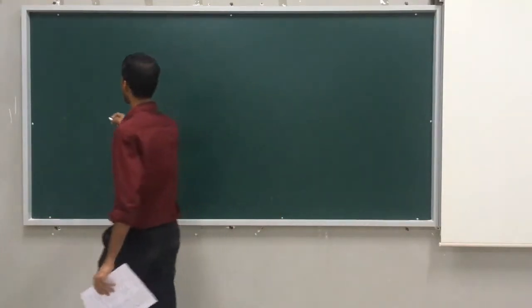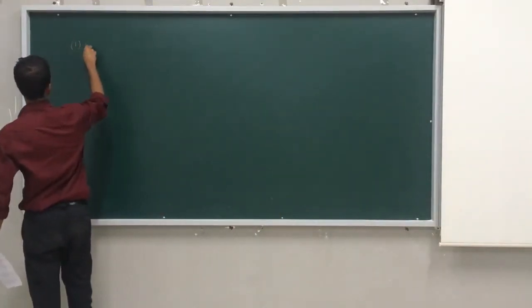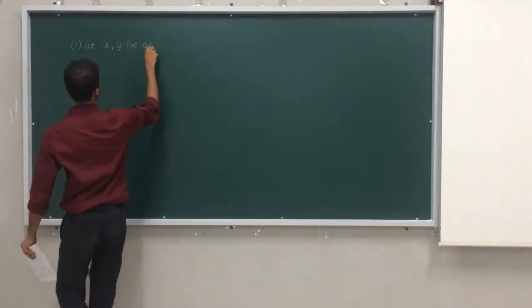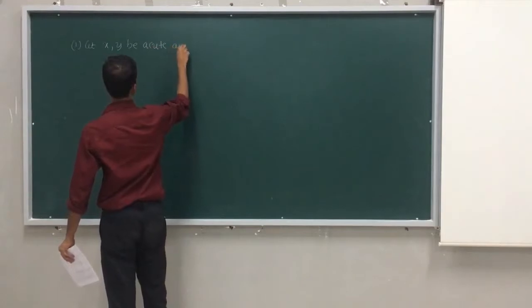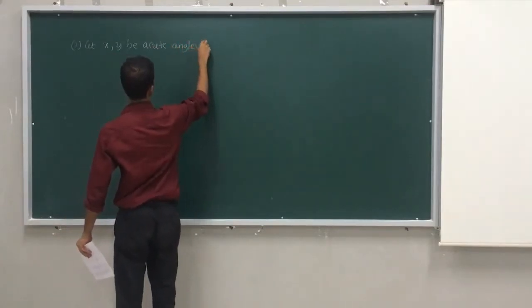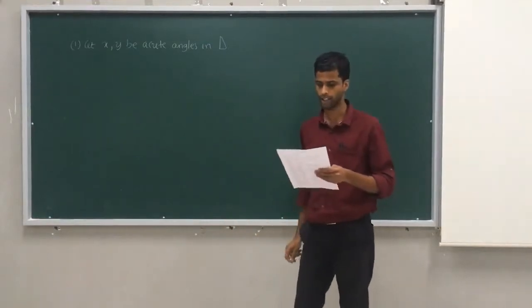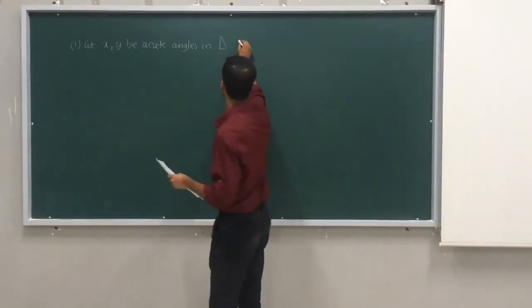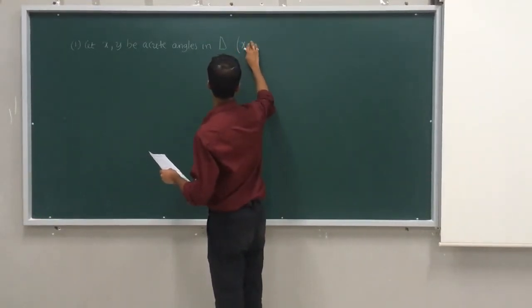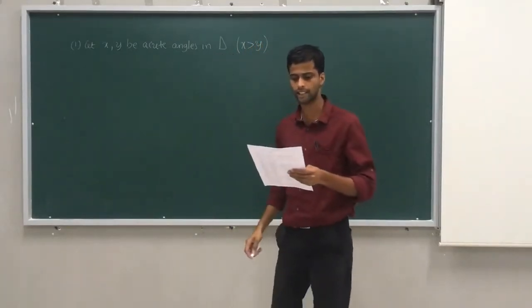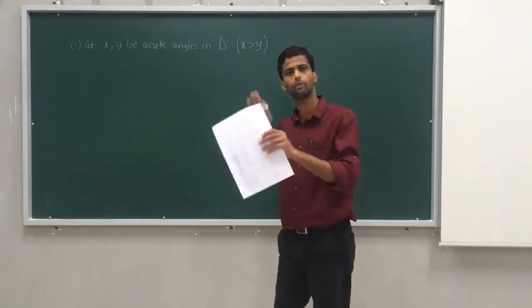So what I will do is, let x and y be the acute angles in a right angle triangle. Let me write it short, you will understand. I take x greater than y, because look at the angle pairs: 60 and 30, 70 and 20, all are one up, one down.